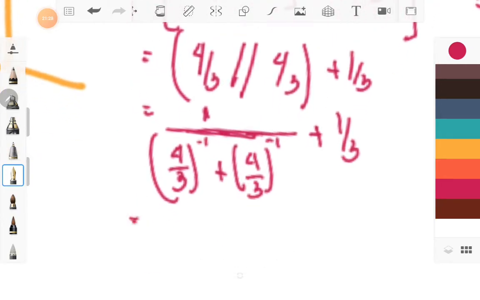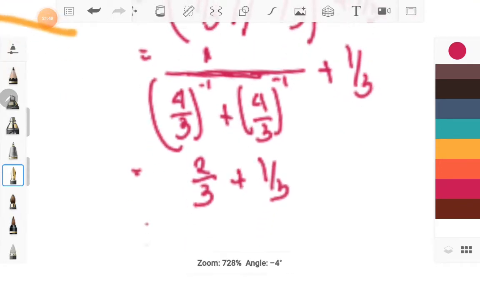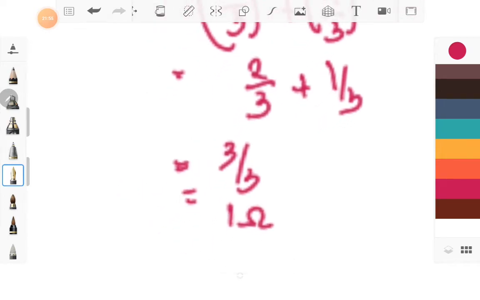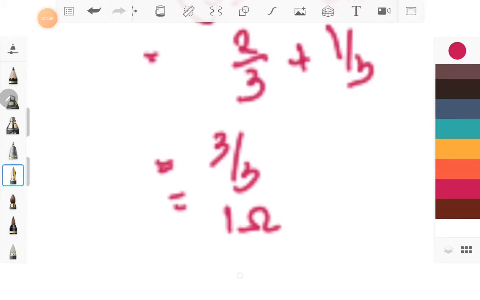So we have 1 all over 4/3 raised to negative 1 times 2. So we have 2/3 plus our 1/3 is equal to 3/3 or simply equal to 1 ohm. So therefore my RAB is equal to 1 ohm.